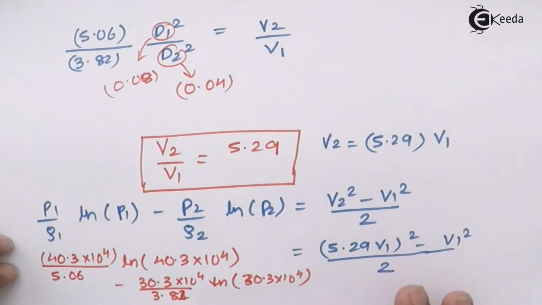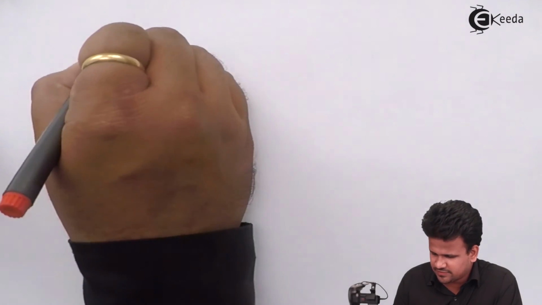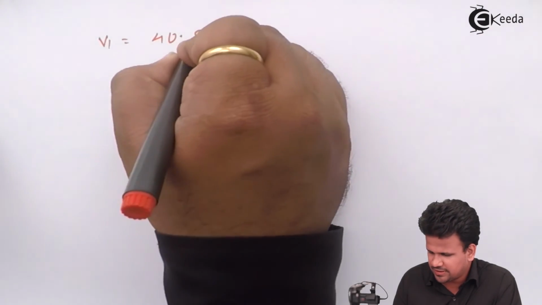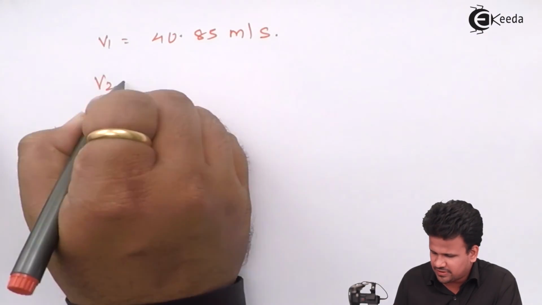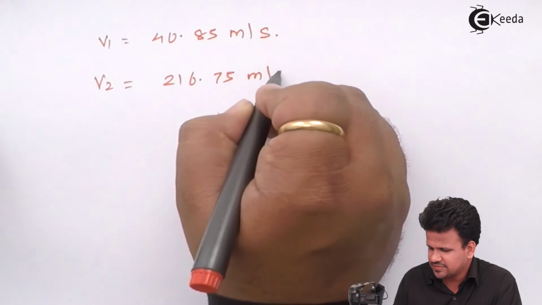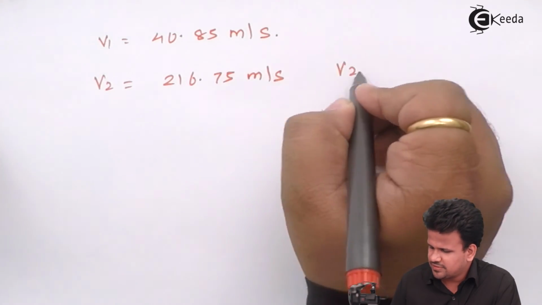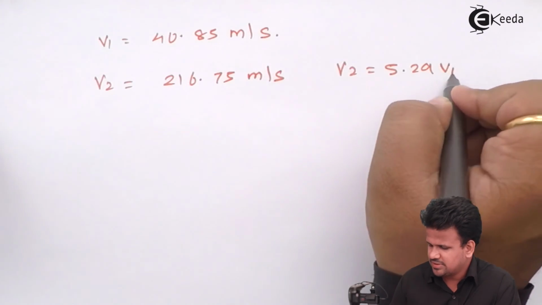On evaluation of this, we'll get the value of velocity v1 as 40.85 meters per second, and the value of v2 is 216.75 meters per second, since v2 is 5.29 times v1.